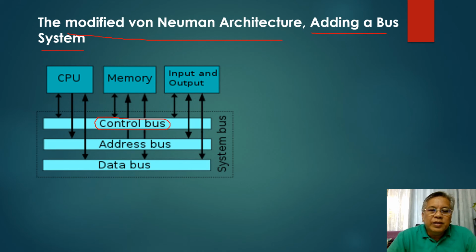Okay, all the instructions or decoded values from your control unit pass through your control bus. Then the address which is being transmitted by your program counter to your memory address register passes through this particular address bus. The data and the program will pass through this data bus going into your memory. So this is why we call this the system bus.